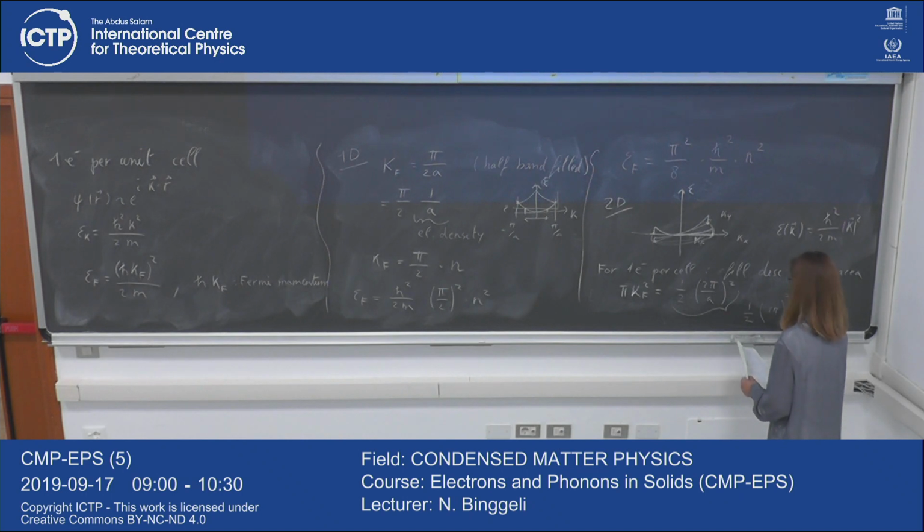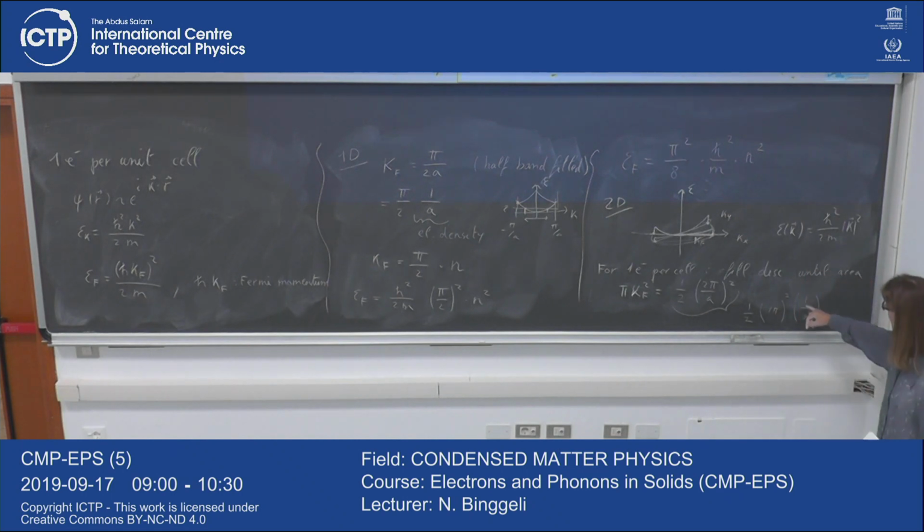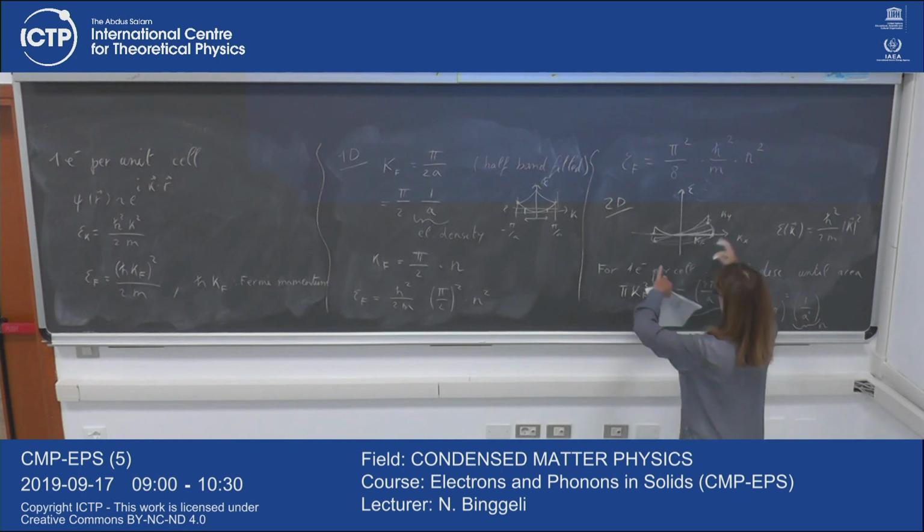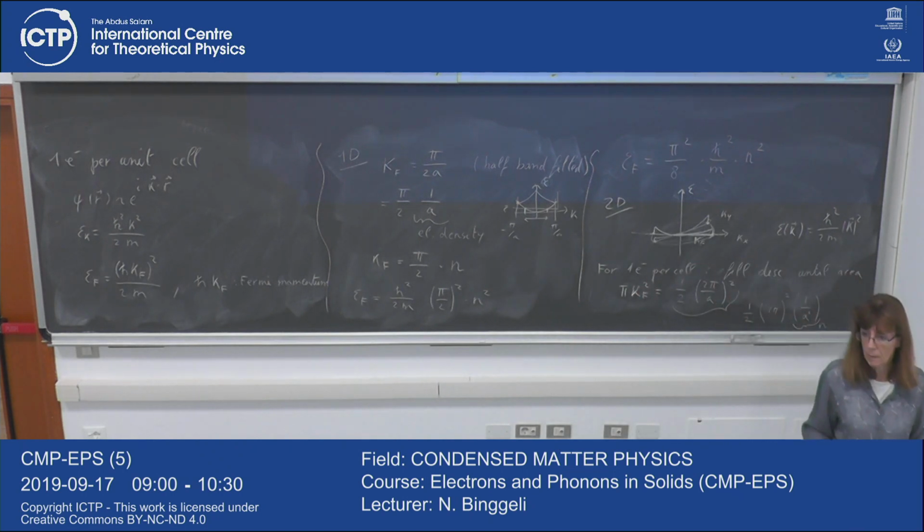so this I can rewrite as 1 over a squared, which is the density in the case of 1 electron per unit cell. More generally you could just replace this by n, the electronic density, because the condition when one has more than 1 electron per unit cell, for instance 2, is that the area should be doubled.